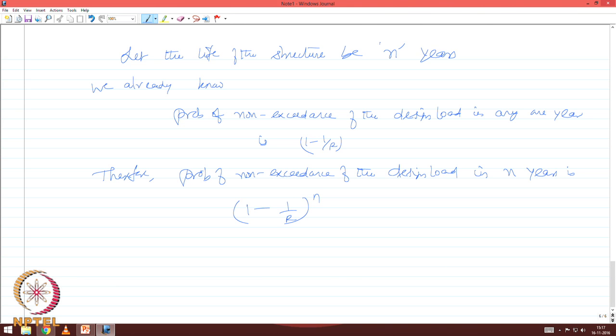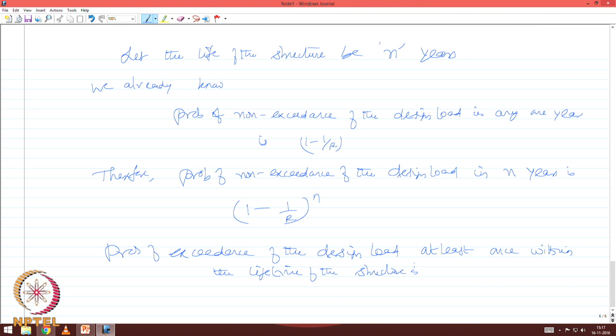But as a designer's interest, we are keen to know what is the probability of exceedance of the event within the lifetime of the structure. Now, probability of exceedance of the design load at least once within the lifetime of the structure is very easy, because probability of non-exceedance in n years is (1 minus 1 by r) to the power n.